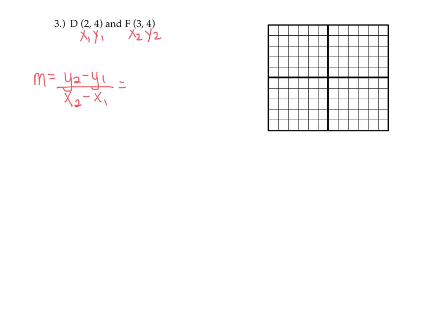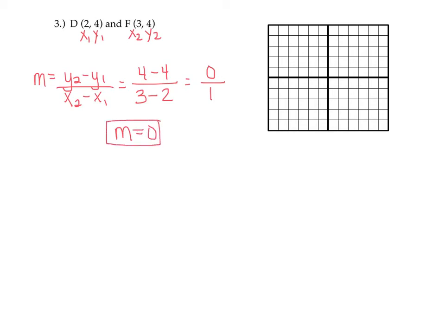We labeled our y2 is 4 minus our y1 is 4, divided by our x2 is 3 and our x1 is 2. All right, so now you have 4 minus 4 is 0. And 3 minus 2 is 1. Therefore, my slope is equal to 0 divided by 1, which is 0.